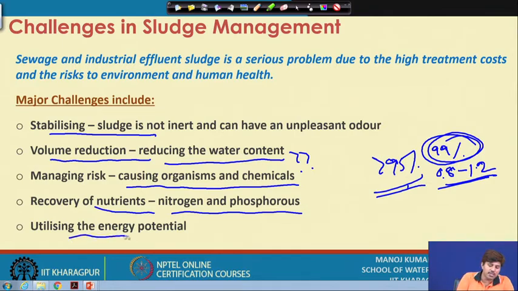And then utilizing the energy potential. The sludge has a lot of energy potential. We just saw that the undigested sludge and digested sludge both have a significant amount of energy potential. So how to utilize that energy potential?